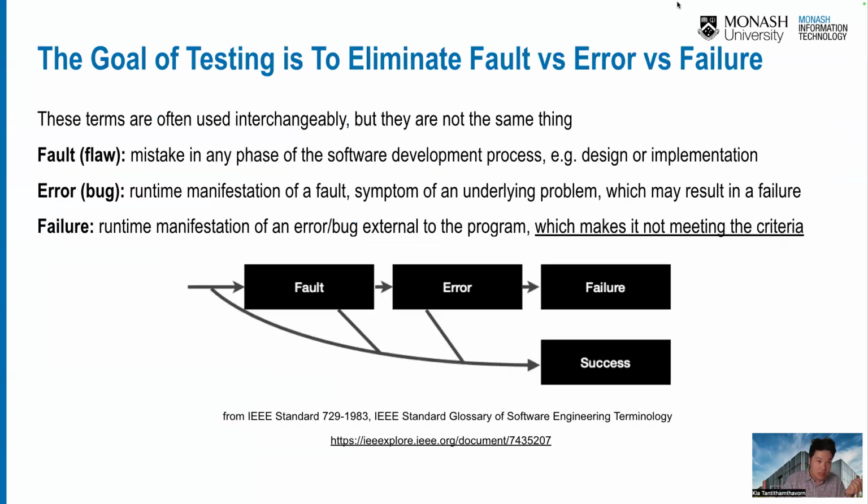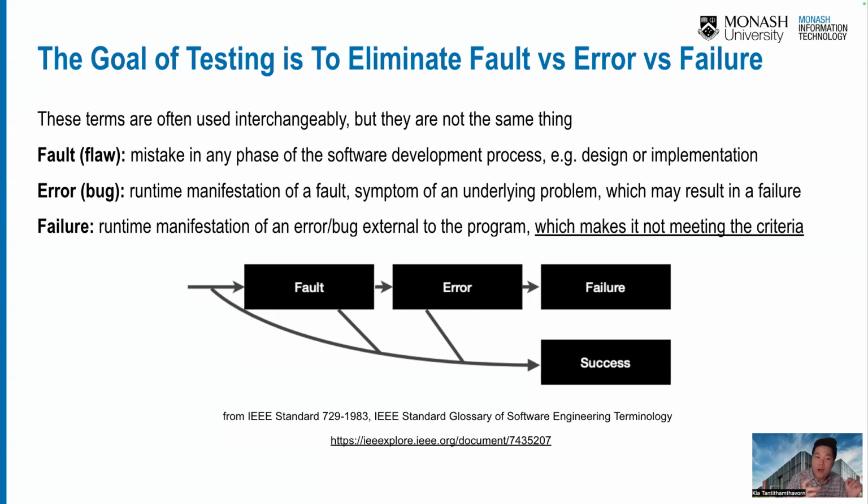When we do software testing, there are different terms and techniques, so there are different keywords here. What is the difference between fault, error, and failure? These three terms are often used interchangeably, but they are not the same thing at all.